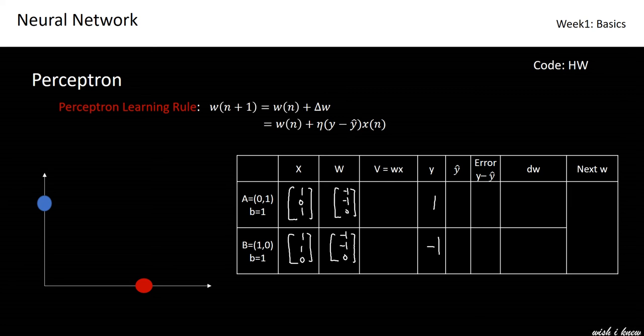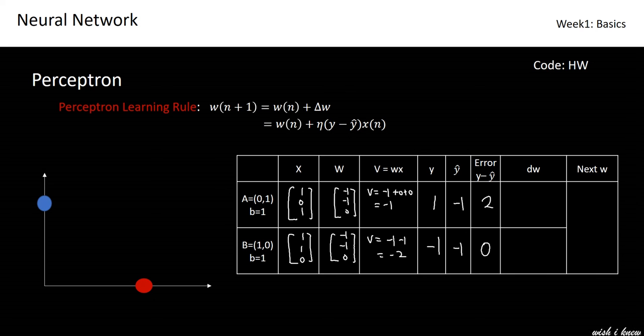So v is going to be -1 plus 0 plus 0, so it's going to be -1, and since it's less than 0, the prediction is going to be -1. And v here is -1, -1 plus 0, so it's going to be -2, so the prediction is going to be -1. And now the error this time here is 2, and this time this one is 0.